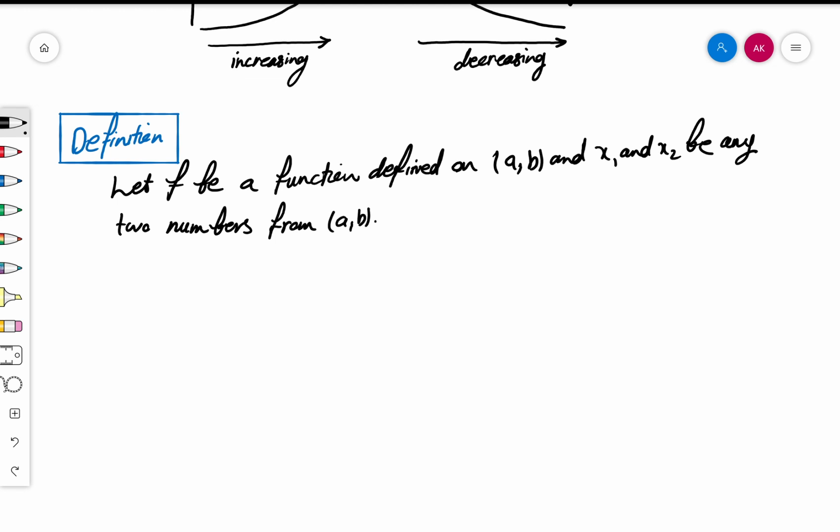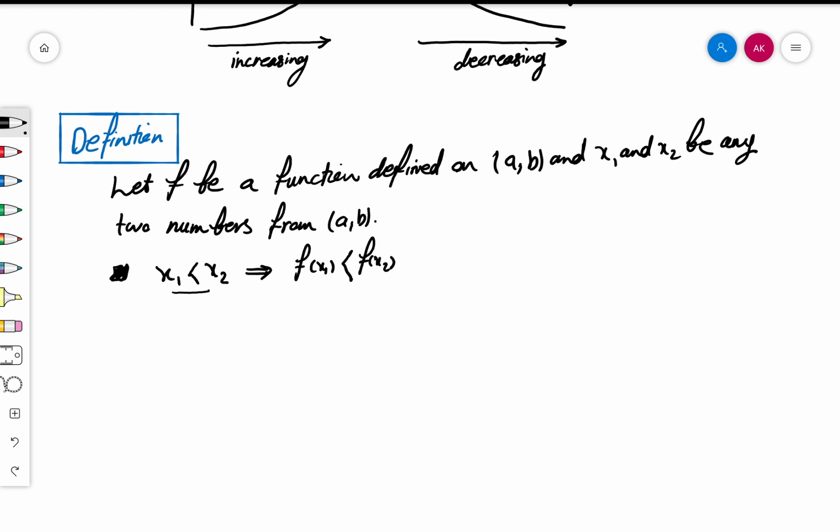Now we want to see how we can write this thing, increasing, decreasing. Well, what does increasing mean? It means that if a number x2 is bigger than x1, meaning that it lies on the right of x1, then the value of the function at x2 will be higher than the value of the function at x1.